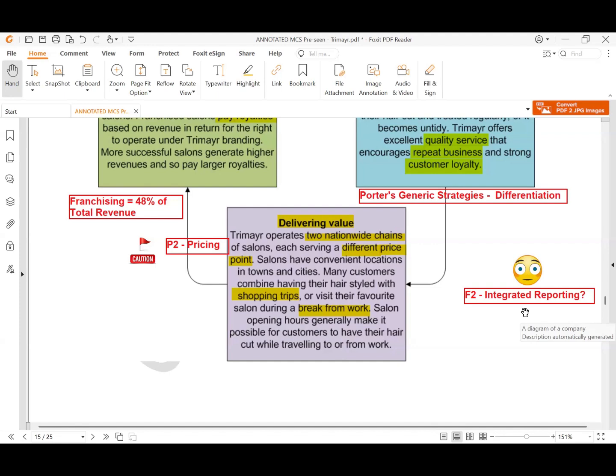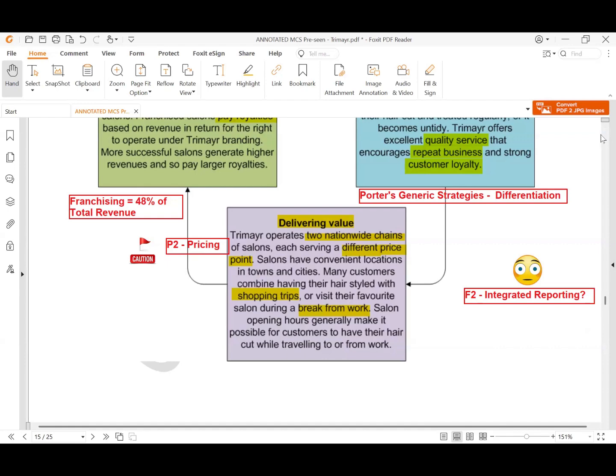It's about reporting on many things, but it's certainly relevant to imparting knowledge about what you're up to, and what you're going to be up to, to interested stakeholders. Another reference here you'll see to pricing P2.